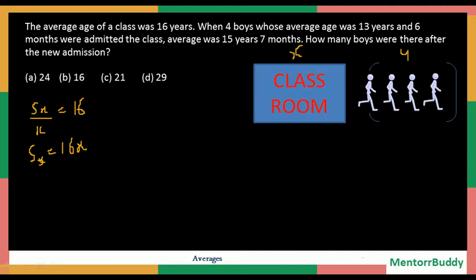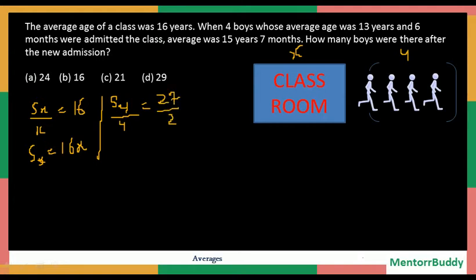16X is the sum of the initial ages of the people who were present in the group. Now the second part says when the 4 boys whose average age was 13 years and 6 months were added to the class. So now let's say S4 is the summation of the ages of those 4 new boys. So summation of ages of 4 boys divided by 4 is given as 13 years 6 months, that is 27 by 2.